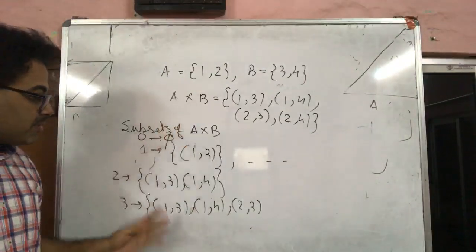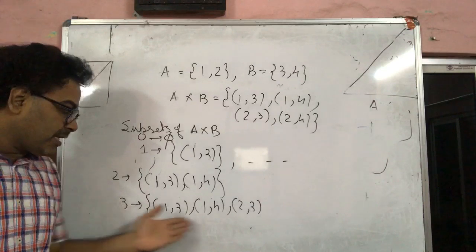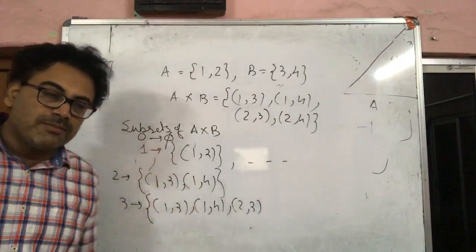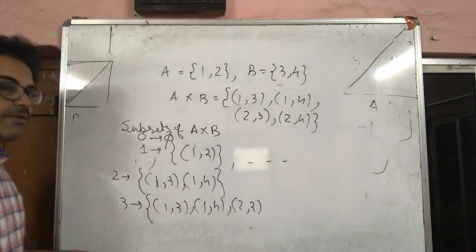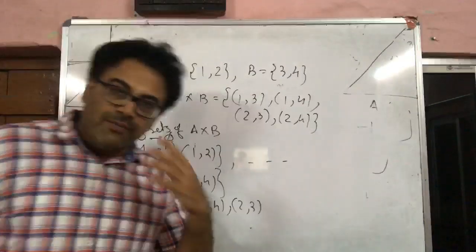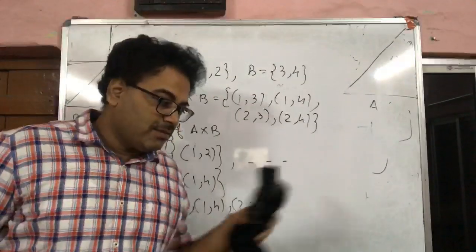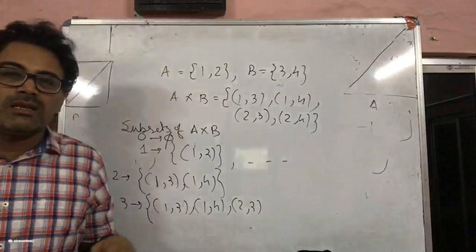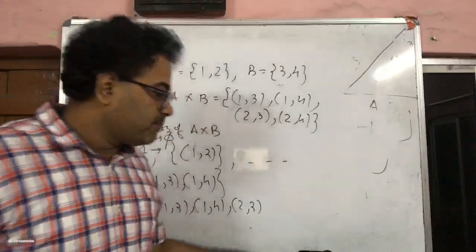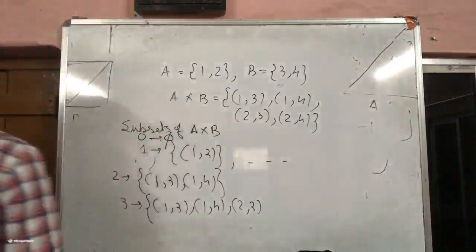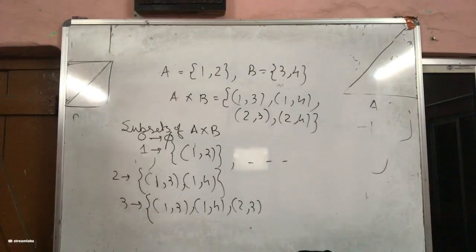So first is 6, and 3 taken together, 4 will come, and all 4 taken together only 1.